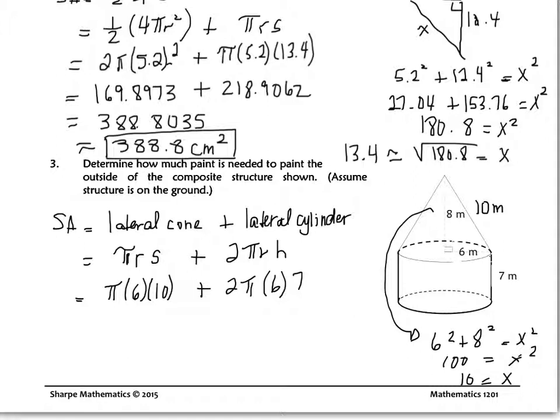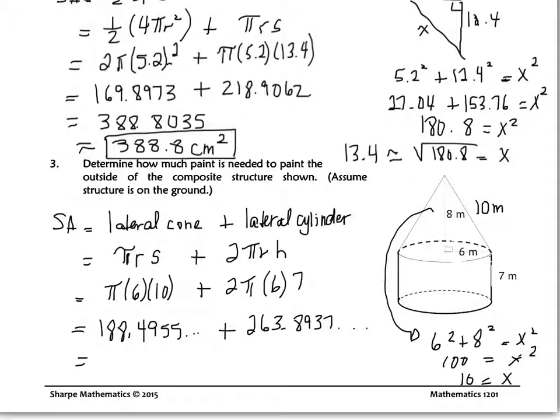So 60 pi would give you 188.4955, and so on, plus 2 pi times 6 times 7 is 263.8937 and more.